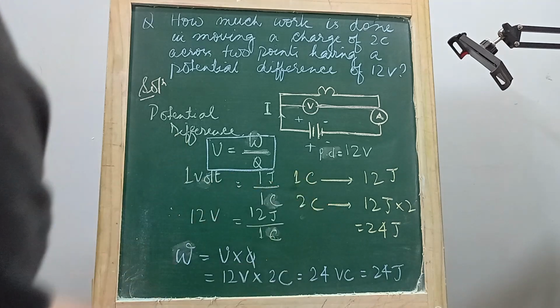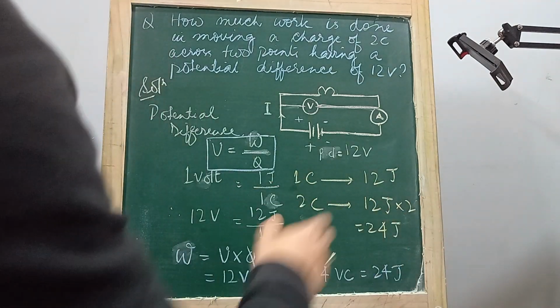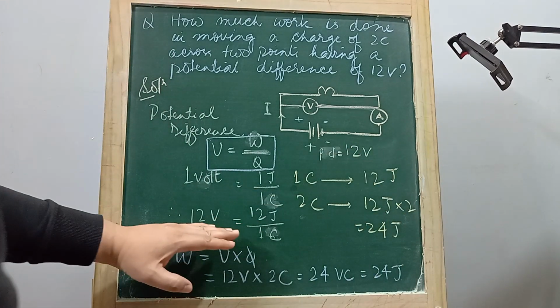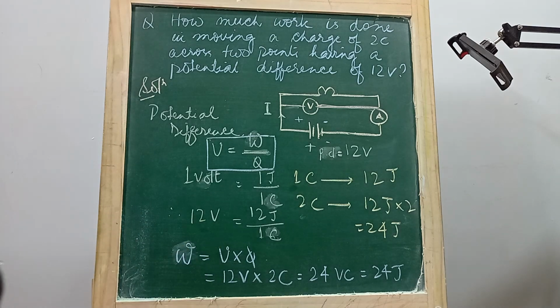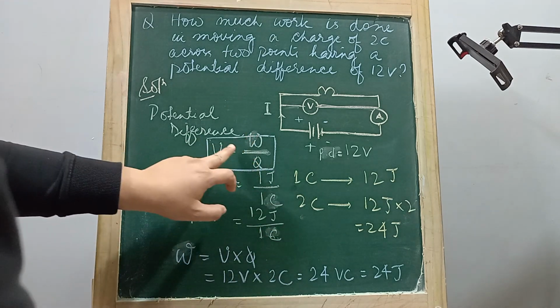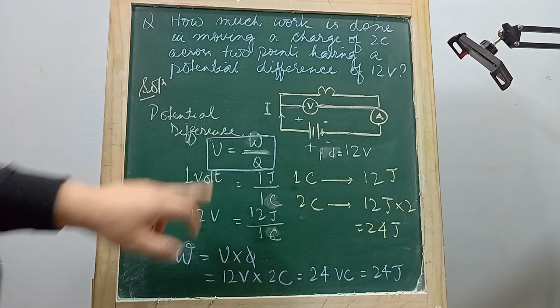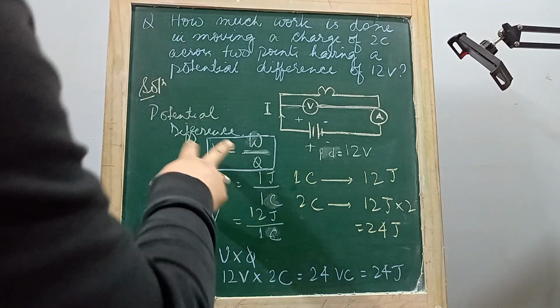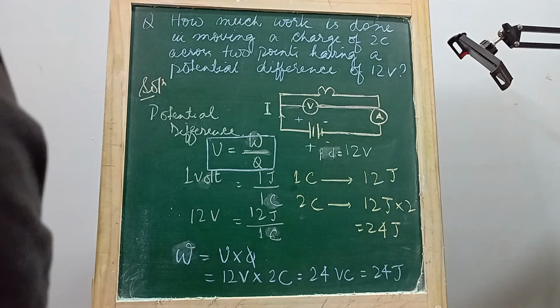You can solve this question in this fashion by just using the unitary method when you understand what 12 volt means. Otherwise, you can also use this relationship. In this relationship, there are 3 quantities. If you know 2 of them, the third one can be calculated.